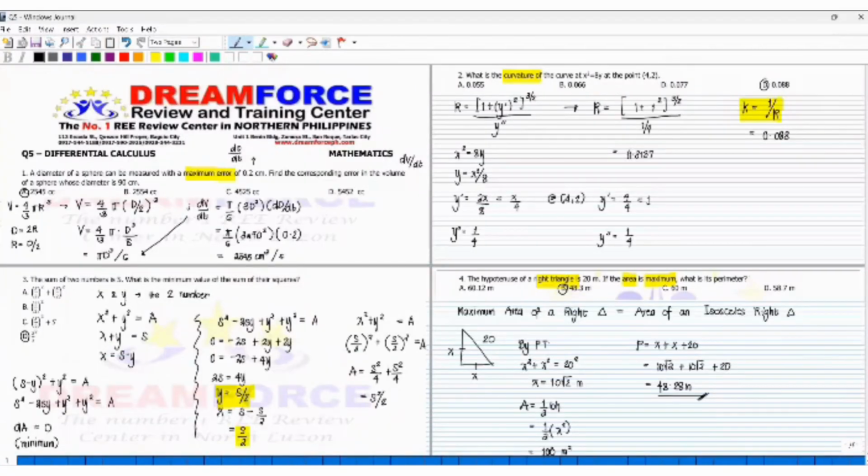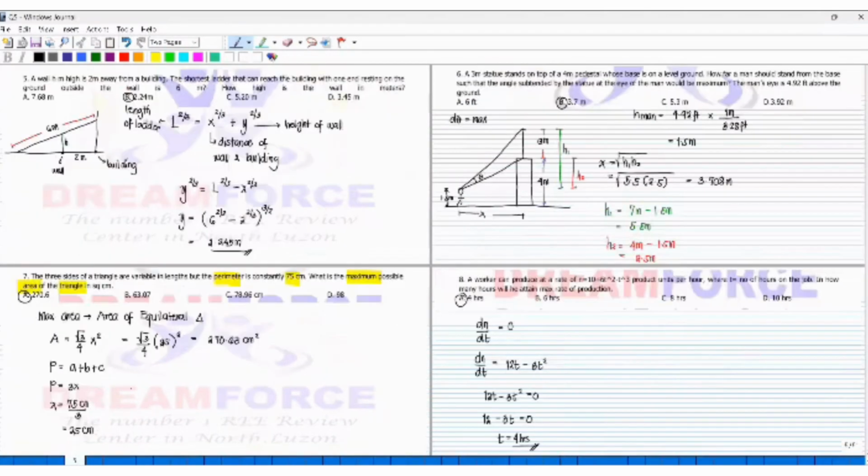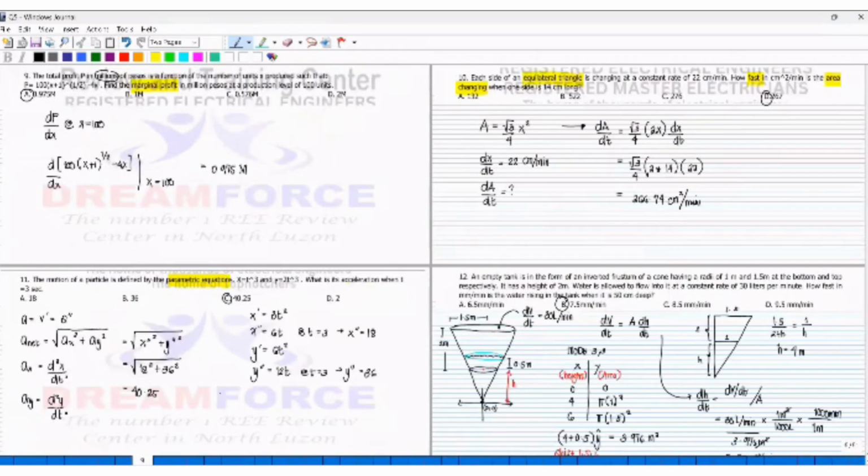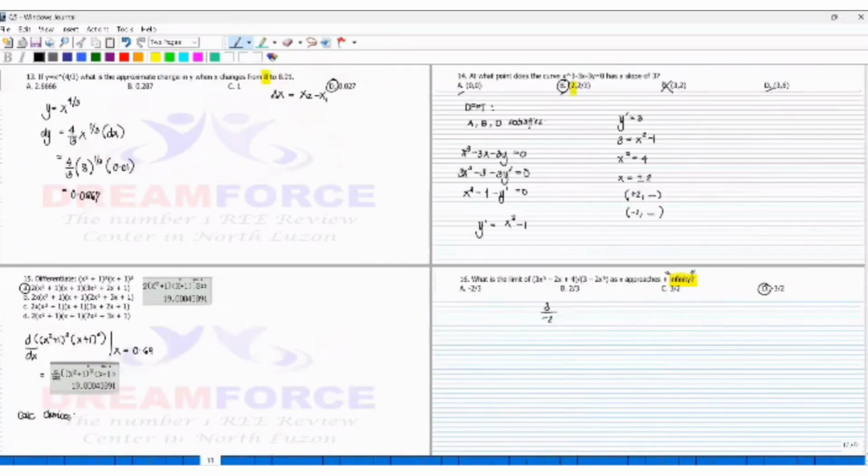Okay. Page 1, 4. Next. Next. Okay, next. Next. Next.